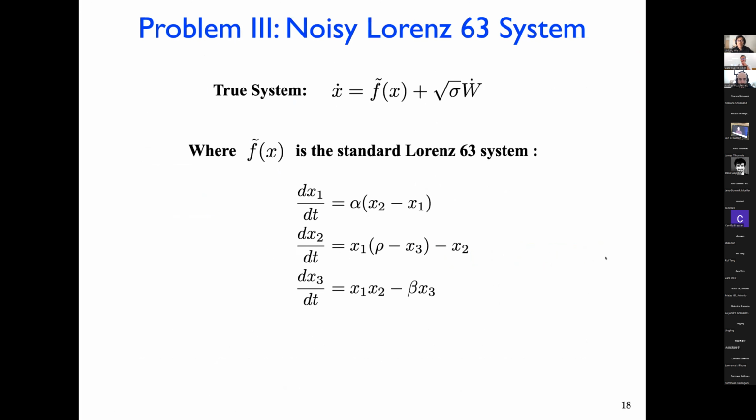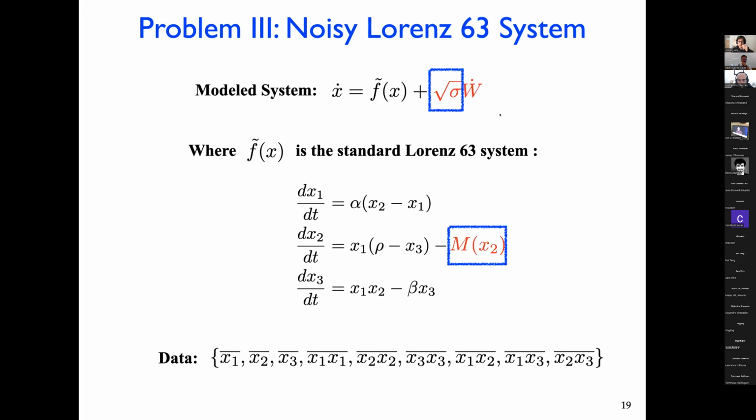For the toy example we started with for this method, we used the noisy Lorenz 63 system. The true system is just the standard Lorenz 63 system plus some noise.